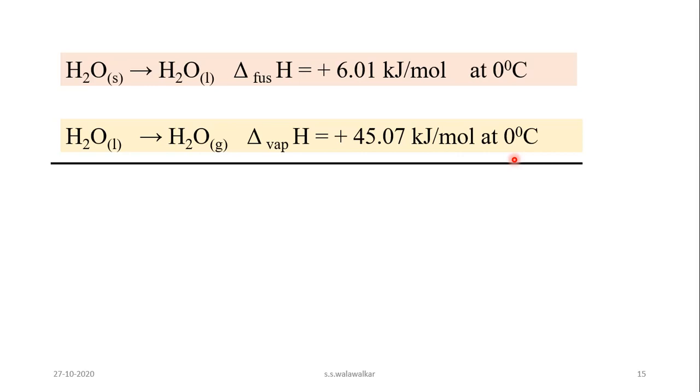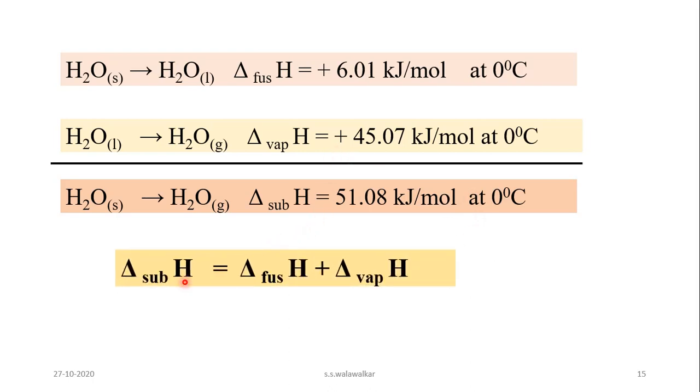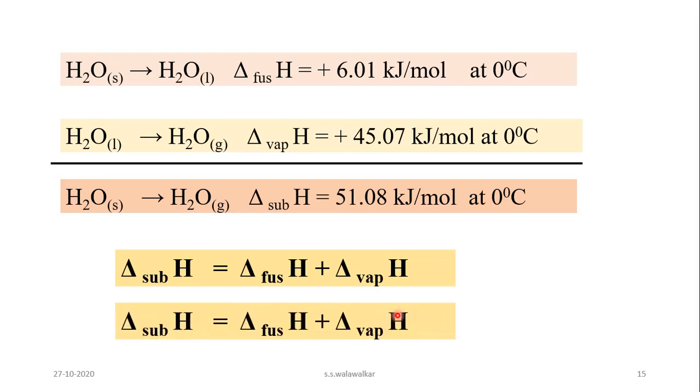Now if you add these two, then you get the enthalpy of sublimation, and that is equal to 51.08 kilojoules per mole. That means from this we can write the relation: enthalpy of sublimation is equal to enthalpy of fusion plus enthalpy of vaporization.